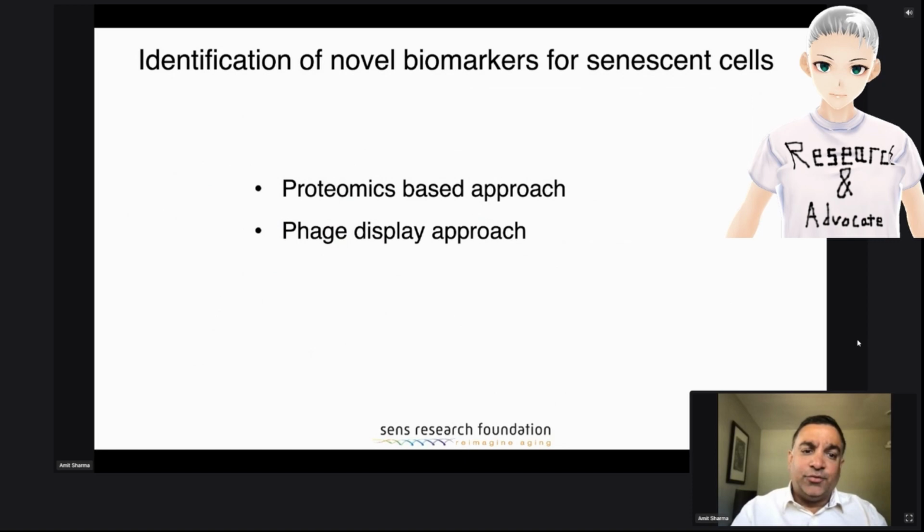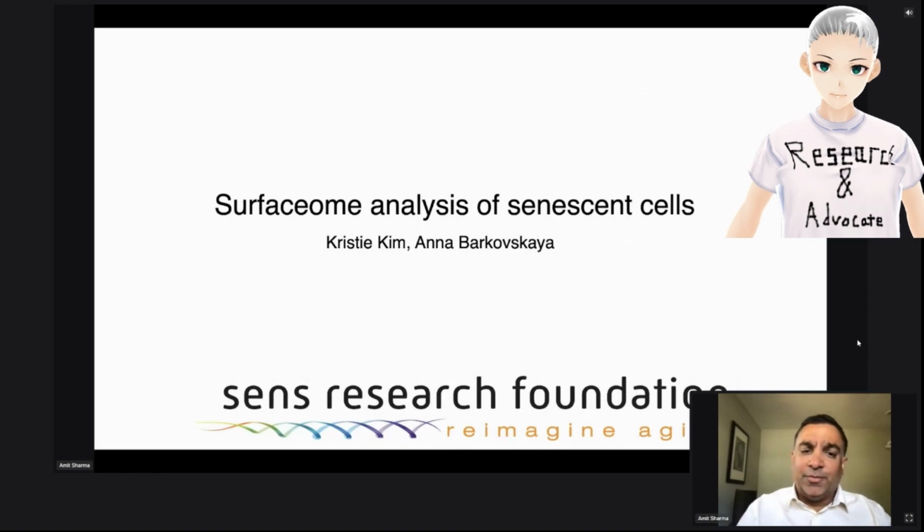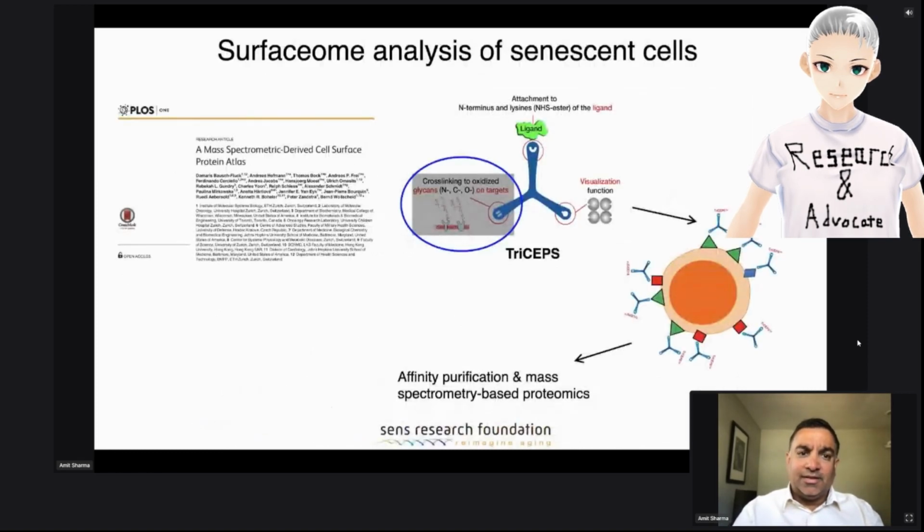To that end, we've used a proteomics approach and a phage display approach to identify markers. We began by looking at the surface of the senescent cell, and in that process, we used a reagent which allowed us to pull down all proteins with an oxidized N-glycan from senescent cells.